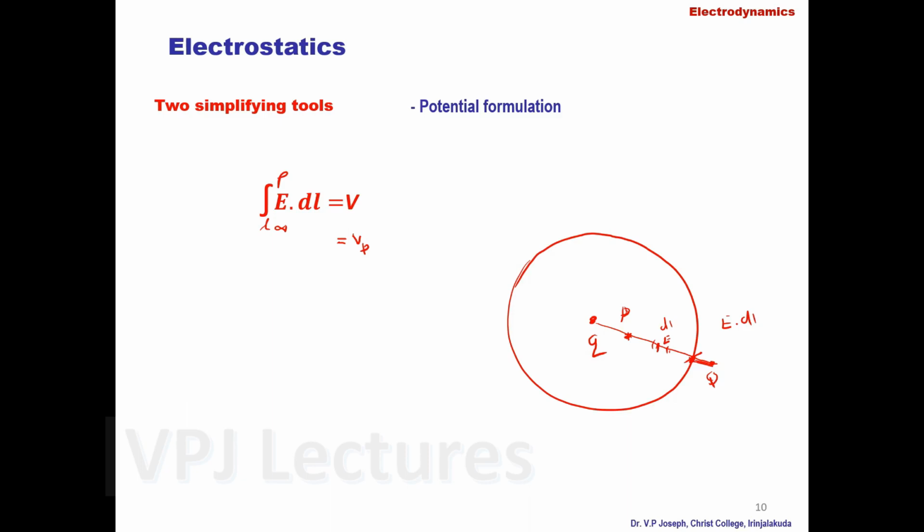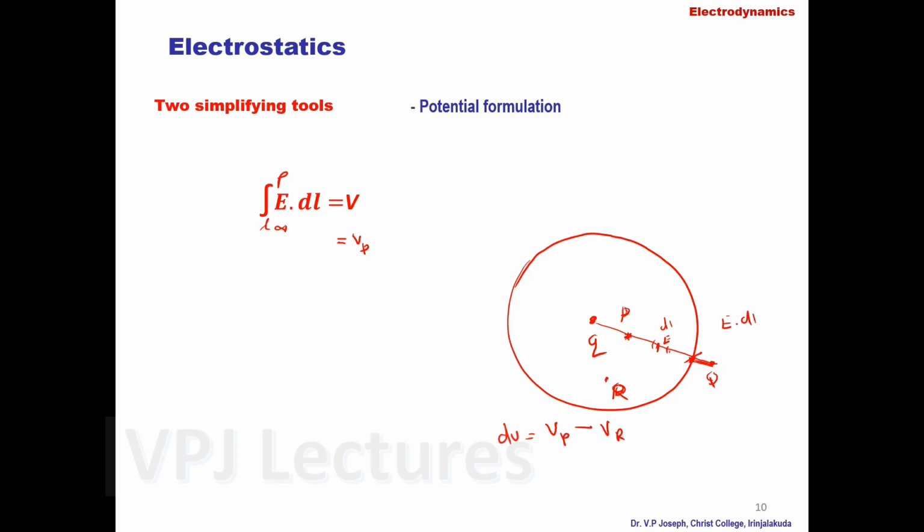Now we can consider two points, one point P here, another point R here. Then the difference between Vp and Vr can be taken, and that is the changing potential dV equal to Vp minus Vr.